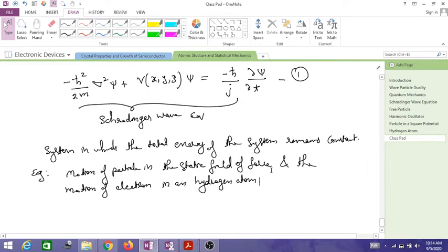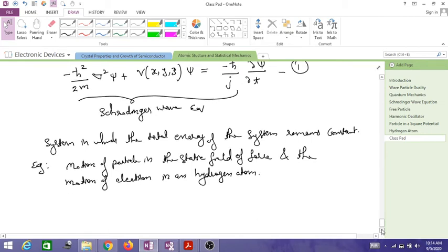So now let us consider the potential energy V as independent of time, and use the method of separation of variables.